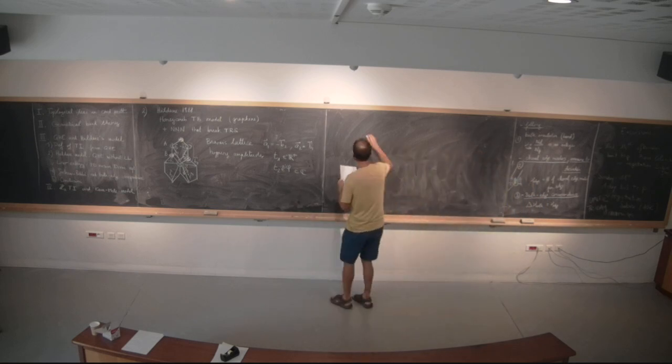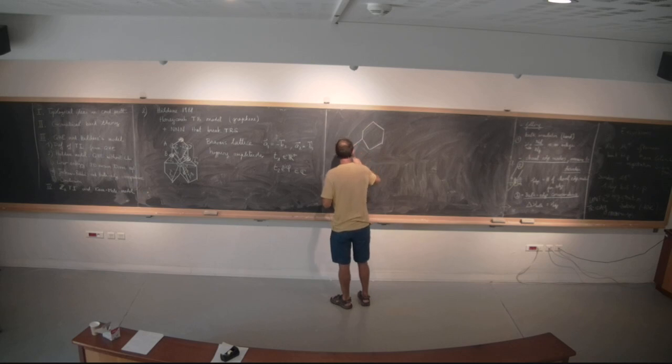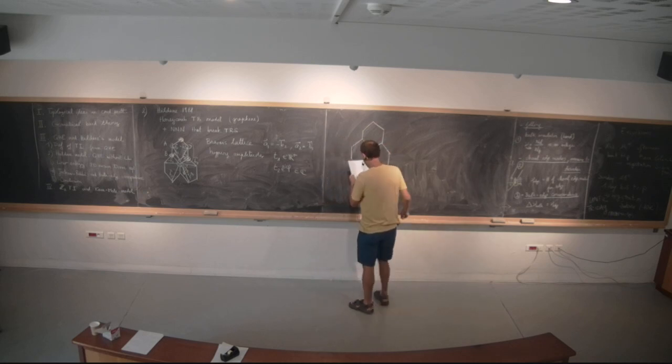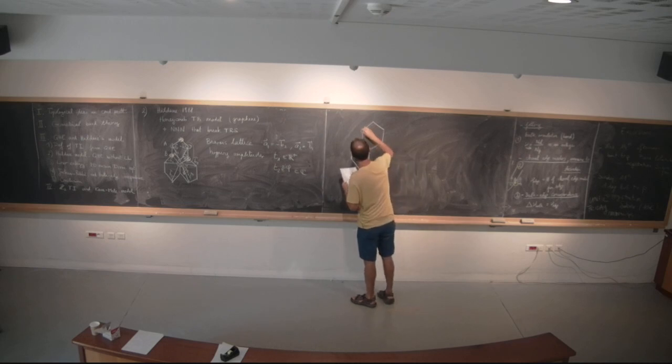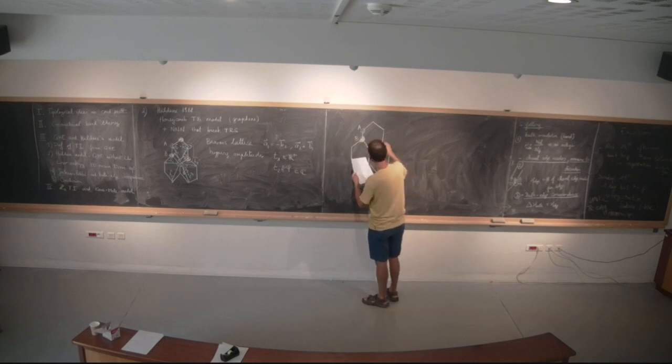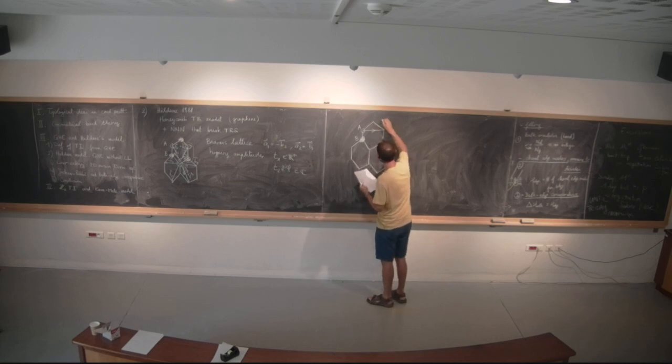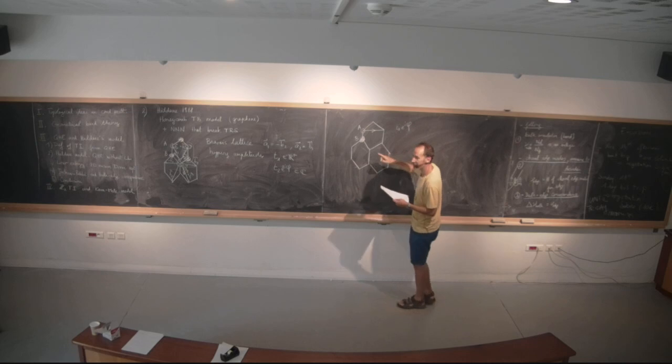So the pattern is as follows. Again, this is A, this is a B. And now, here, I put an arrow like this, meaning that this is a T2 e^{+iφ}.